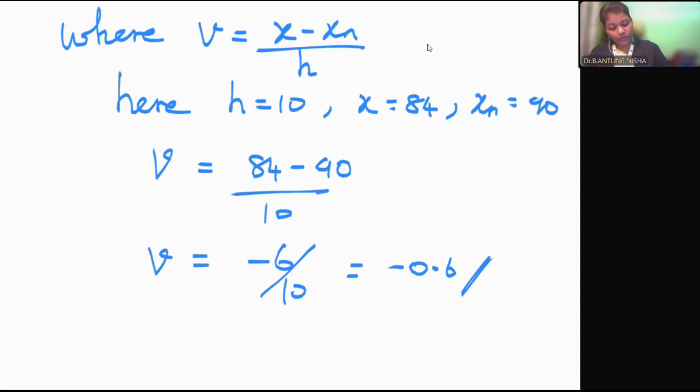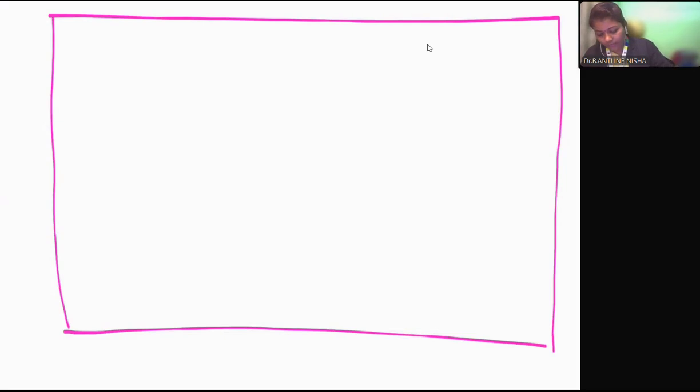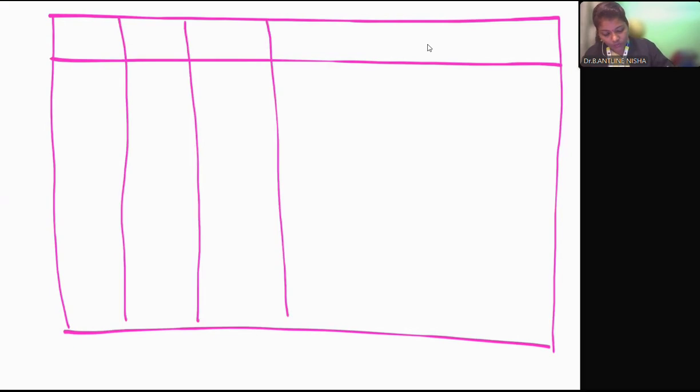Next, we can draw the Newton backward difference table. x values, here y values, here delta y, delta square y and delta cube y, right? Next, let me fill the tabular column.